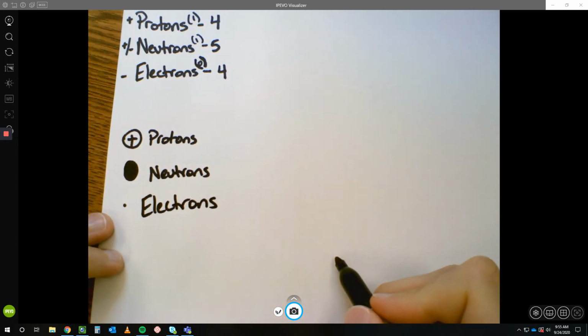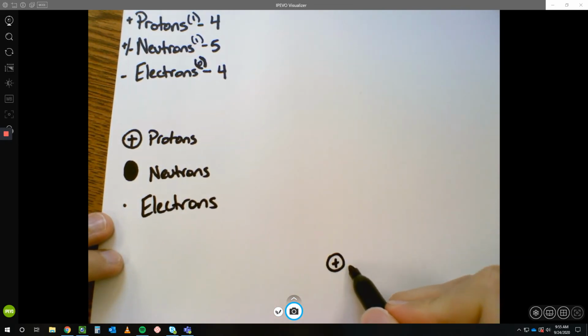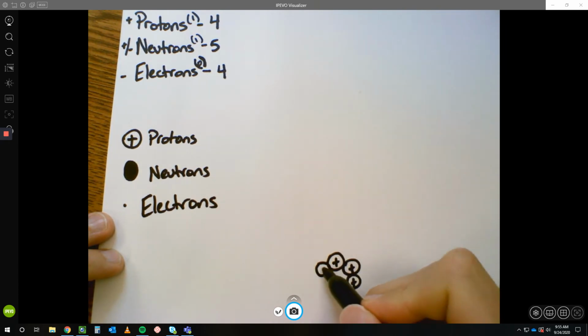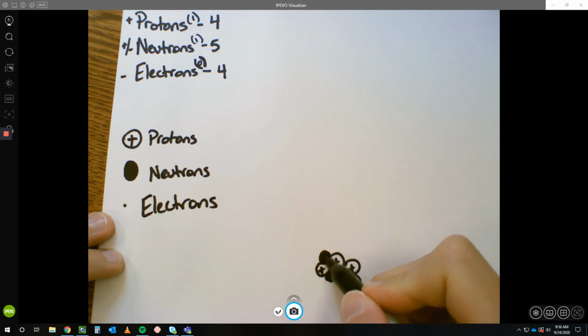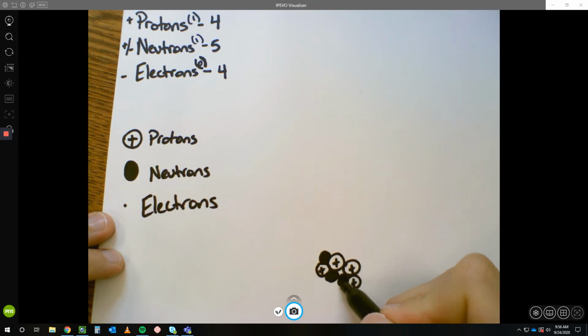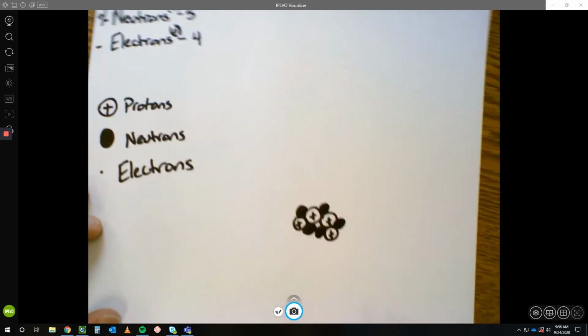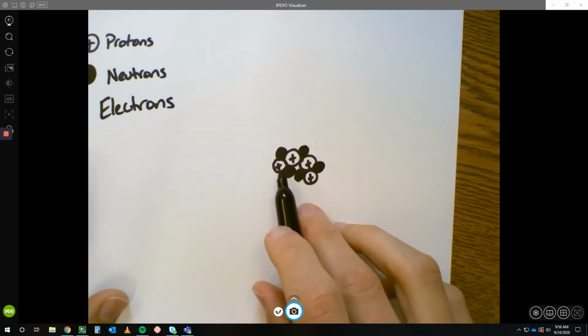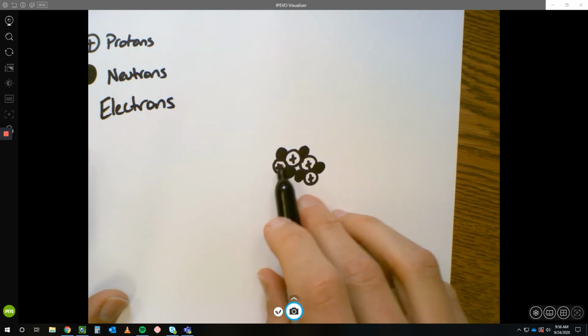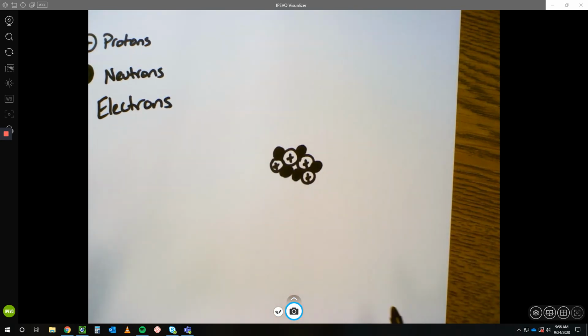As I draw this, I'm going to draw 4 protons and 5 neutrons. Notice how it's very obvious and very clear that there are 1, 2, 3, 4, 5 neutrons and 1, 2, 3, 4 protons. Whenever you draw a picture, make sure it's very clear.